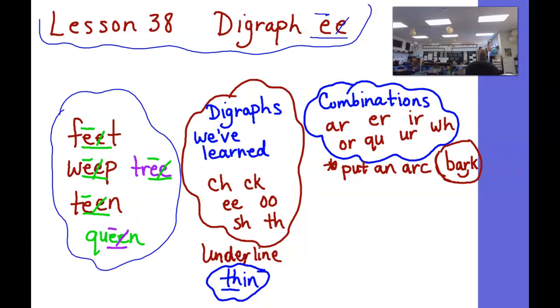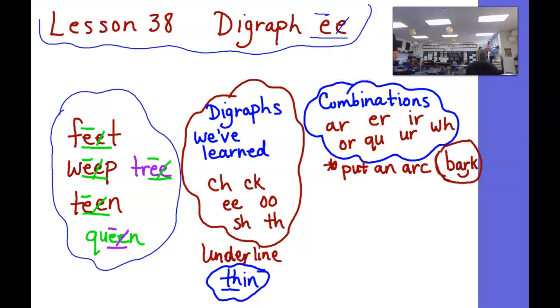Okay? All right, look at the last bubble. These are combinations that we have already talked about in previous lessons, and we're going to code those with an arc, and I gave you an example. So we have AR, like star, or like for, like what are you looking for? Like Mr. Like queen.